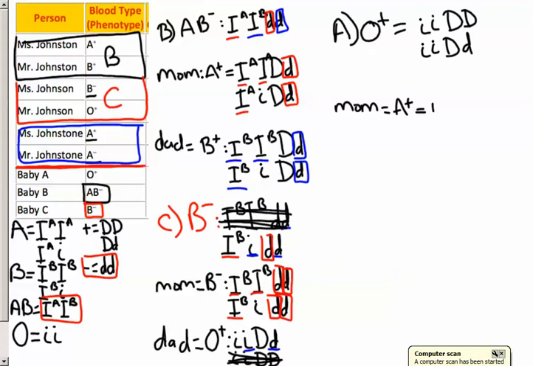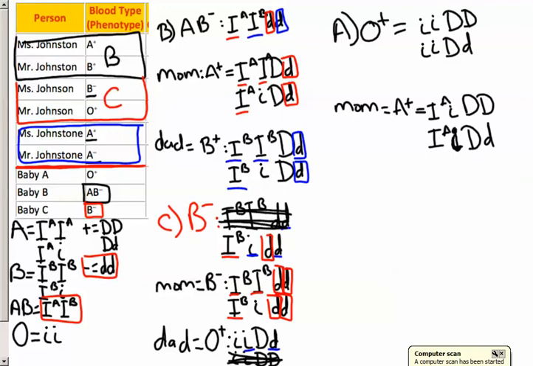So she's going to have an IA and a big D. She has to have a little I since the baby is O positive. And since the baby's positive, she can have another big D. Or she can be the genotype IA, little I, big D, and little d.